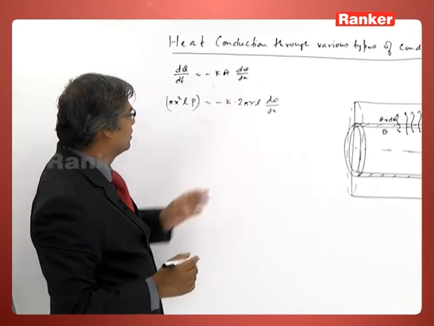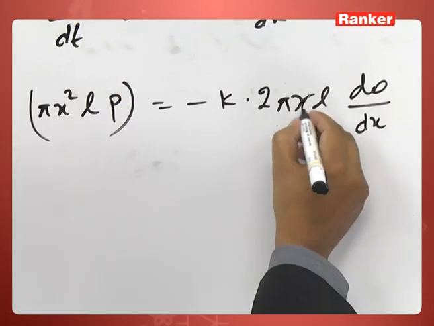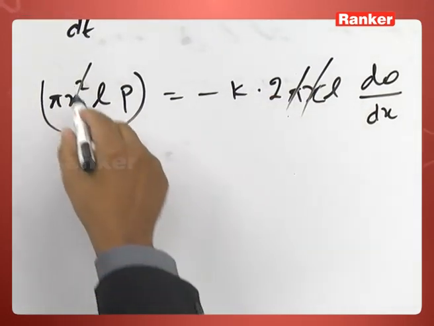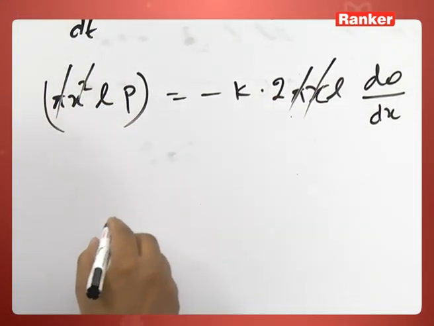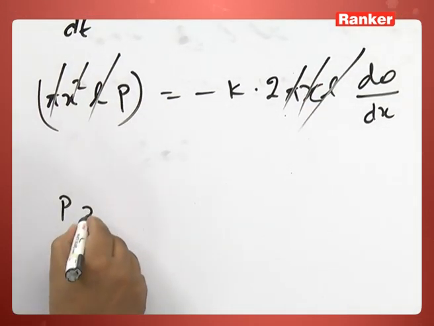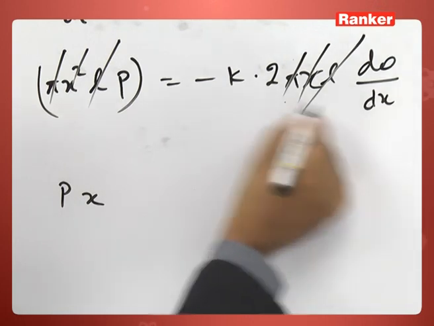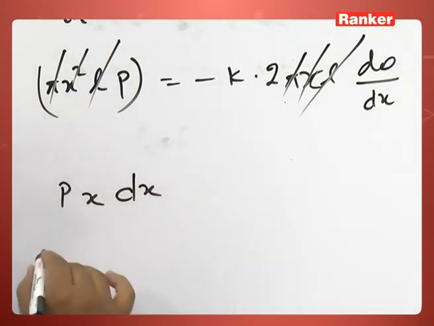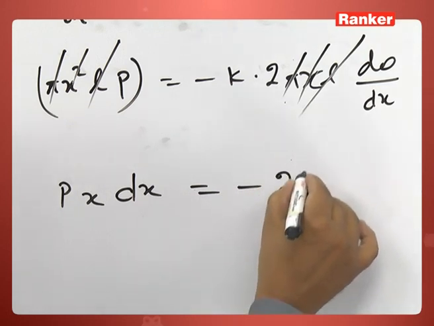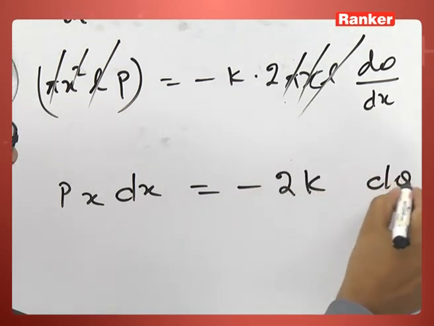Now, this is 2 pi x. So, this x and this pi cancels. So, here L and this L cancels. So, here P into x dx, and that will be minus 2k d theta.